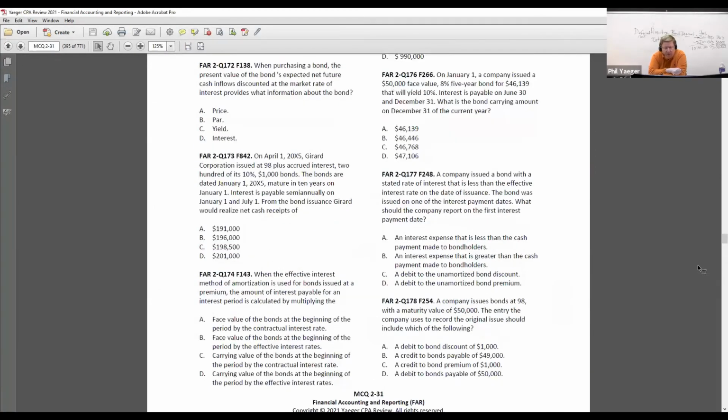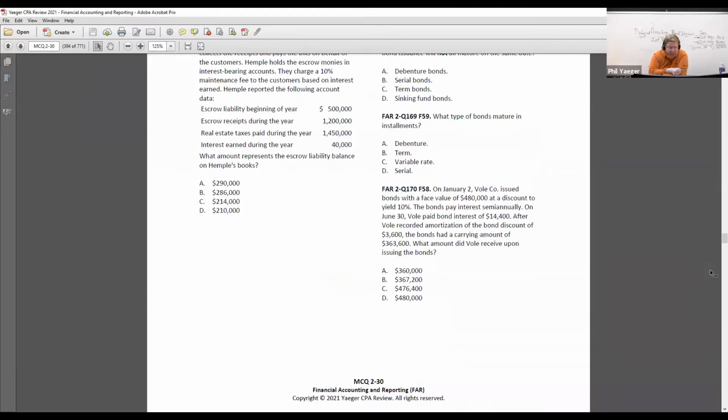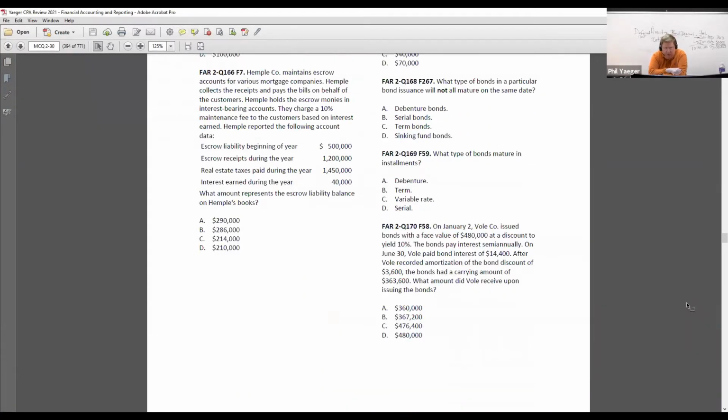This amortization table is nothing but the effective interest rate method, right? Okay. Now, you can amortize discount or premium on a straight line basis, right? Yes. In the case we just saw, the discount was $161,614.